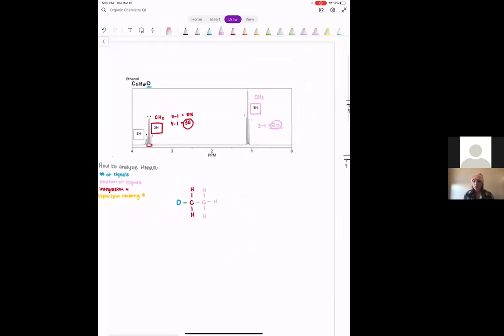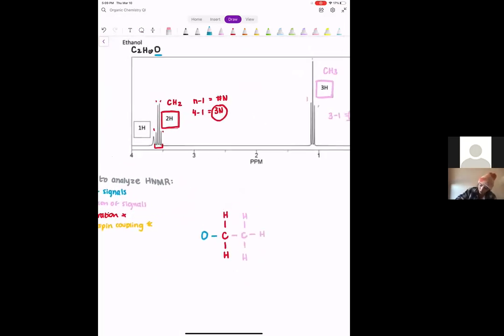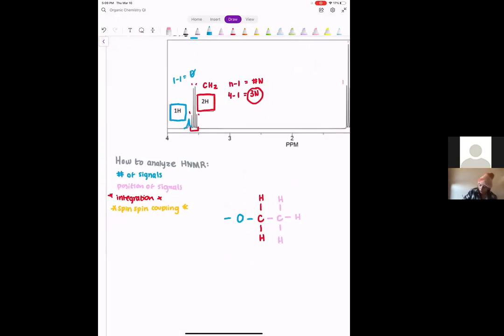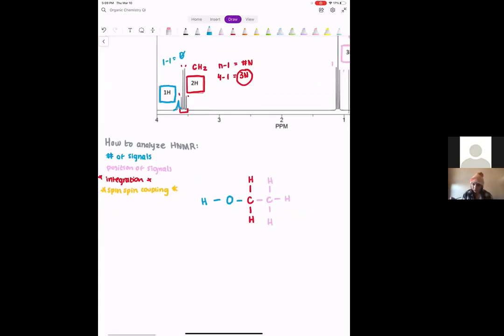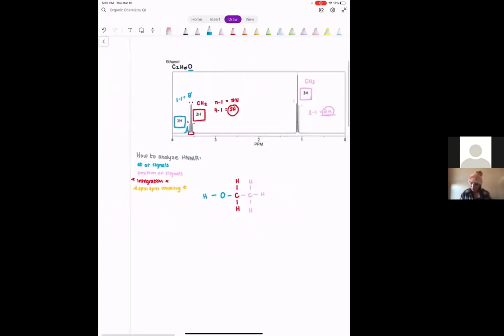Now we're pretty much almost done. We only have one little peak left to analyze. This one's a little hard to see, but it has one singular peak with 1 H, where 1 minus 1 equals 0 neighbors. So there's only one possible location for this proton, and that's right here on the oxygen, because it has 0 neighbors and it would only give you 1 peak.